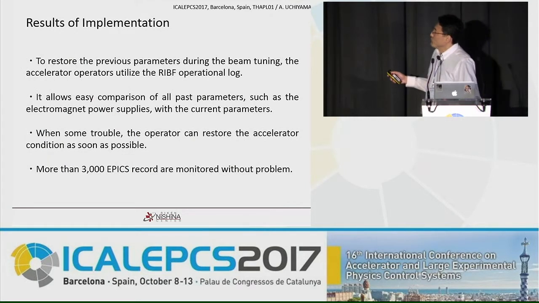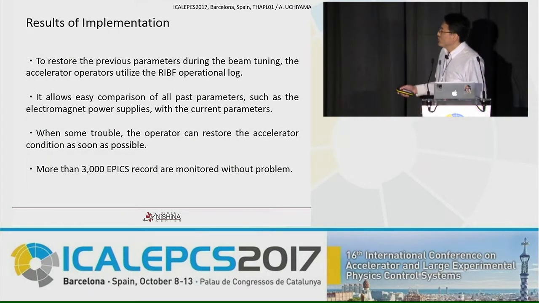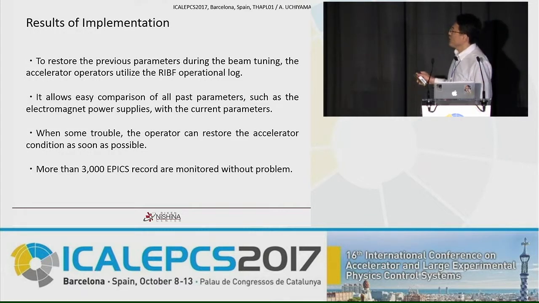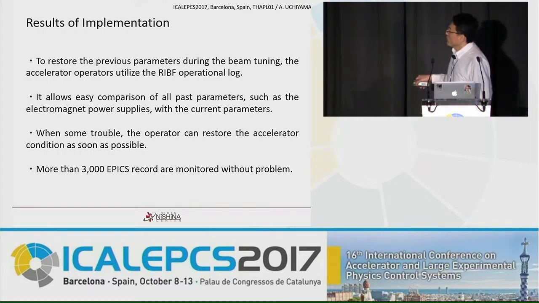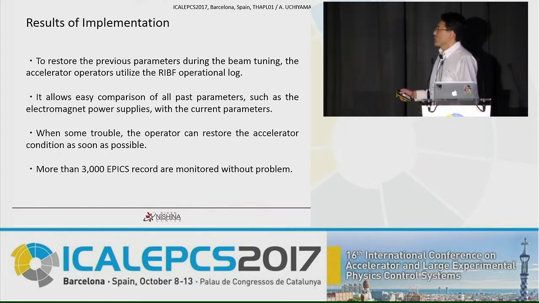This is the result of implementation. To restore the previous parameter during beam tuning, the accelerator operator utilizes the RIBF operational log. It allows easy comparison of all past parameters, such as electromagnetic power supplies, with current parameter. When some trouble occurs, the operator can restore the accelerator condition as soon as possible.